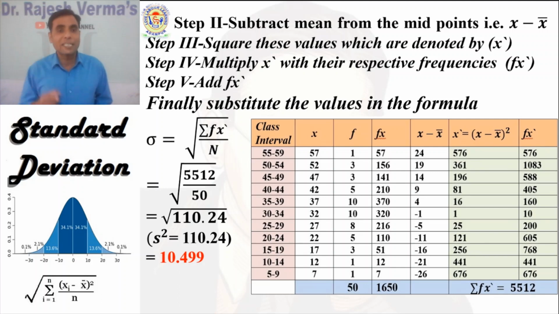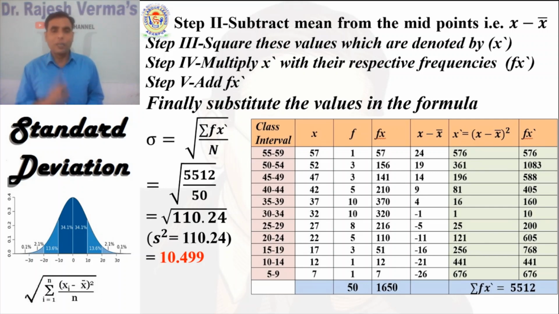That will be your x dash, and finally multiply your x dash with each respective frequency and add all these, and that will be your summation of the product of the frequency and the x dash. X dash is the squared deviation. If you divide by the number of frequencies, that will be your variance, and if you calculate the square root of that variance, that will be the standard deviation.